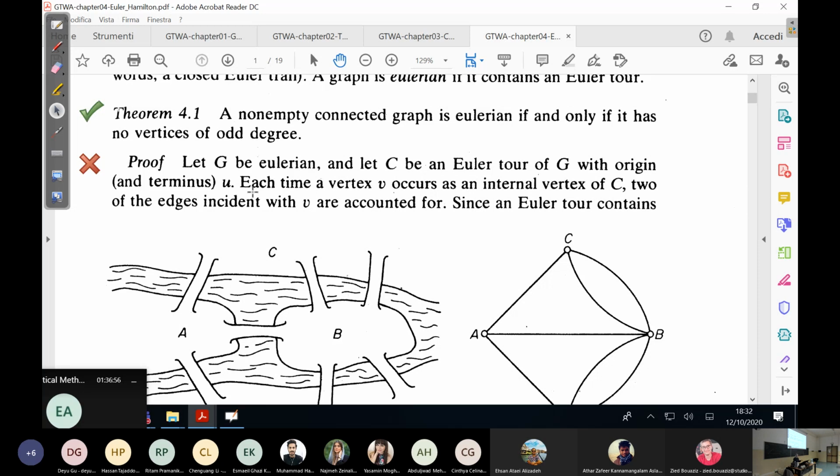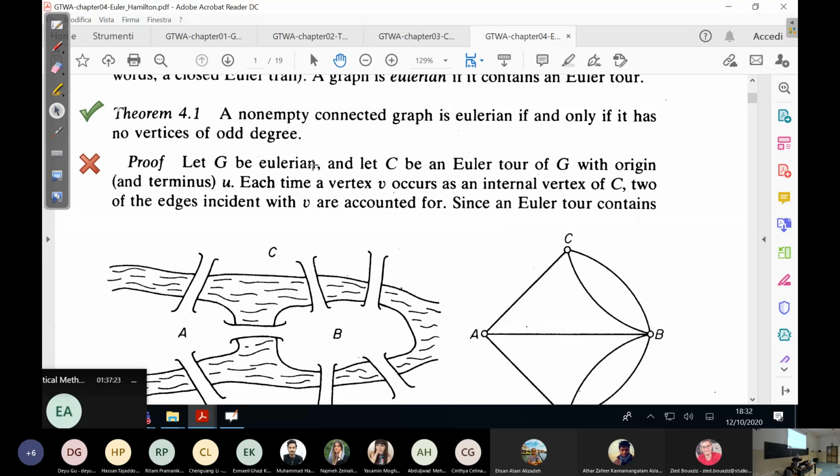And on one side, it's very easy. Of course, if an Euler tour exists, then you have that all vertices are of even degree, because if you have entered a vertex, you have also exited that vertex. And so necessarily, you have as many edges to enter a vertex as you have for getting out of the vertex.